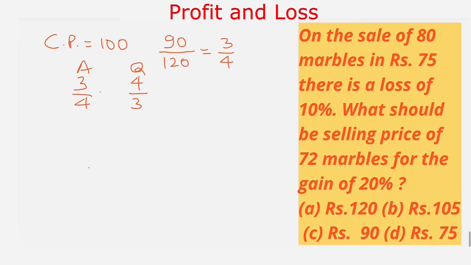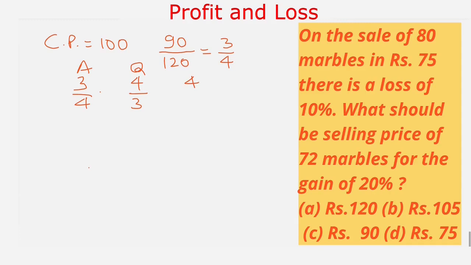Then the quantity should reduce from 4 to 3. If we were selling 4 articles, then now we have to sell 3 articles for the same amount for getting the 20% profit instead of 10% loss.